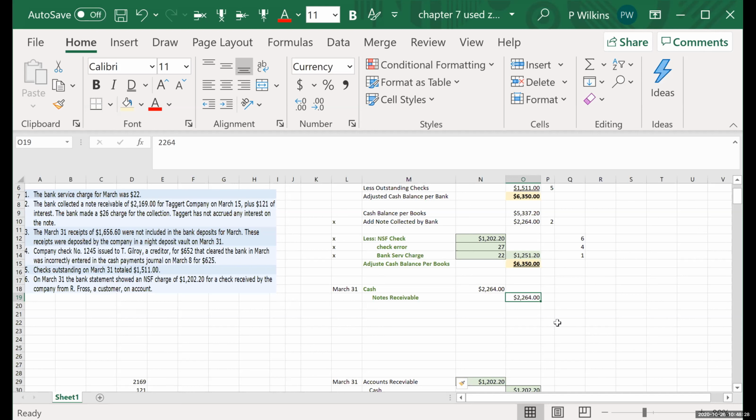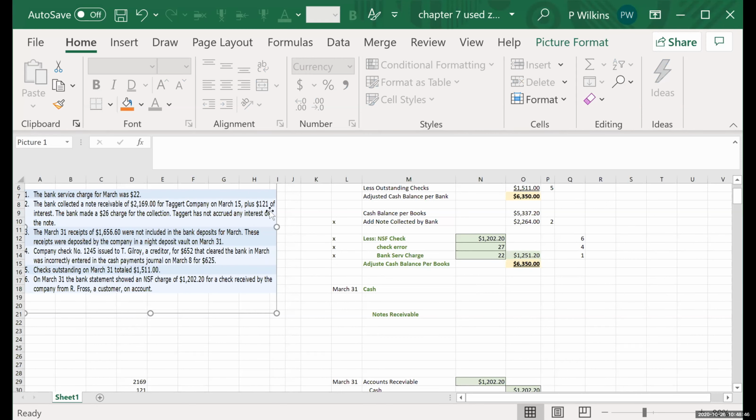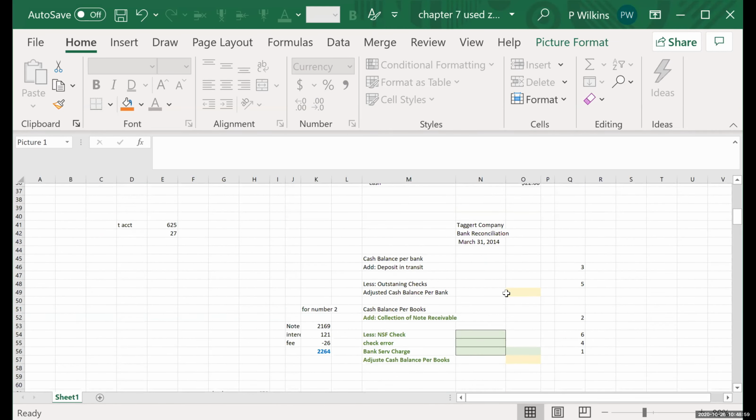So what we need to do is we need to clear these two numbers out. How much cash did we actually get? Well, the amount of cash we got is the $21.69 plus the $121 of interest.